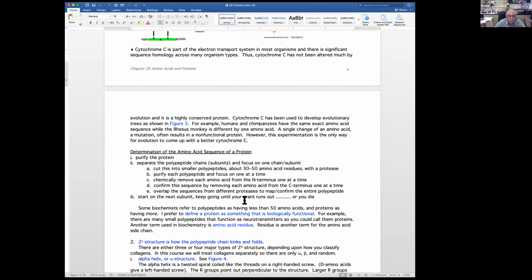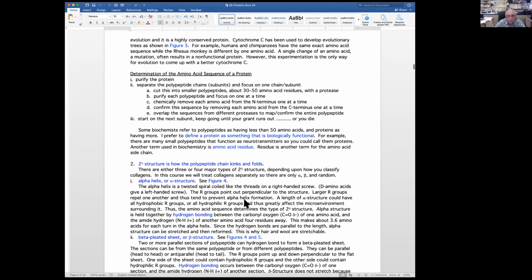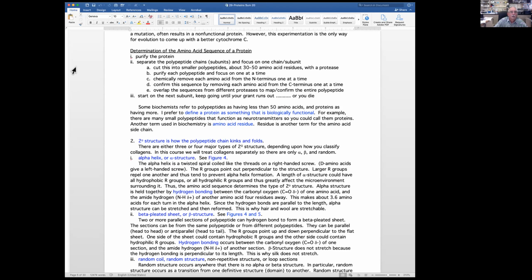But this is what you would have to do to get the amino acid sequence of a protein. Purify the protein. For my PhD work, I purified a protein from a bacterial membrane. It took me, I would say, close to 4 years to do that.